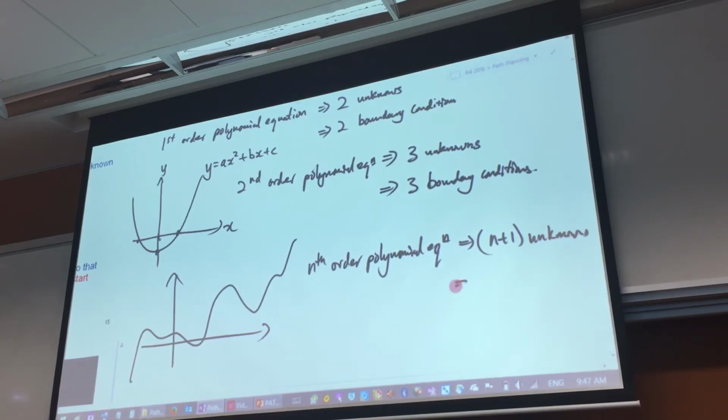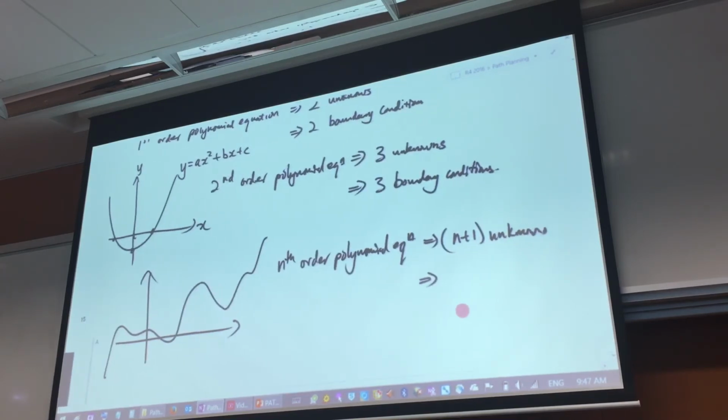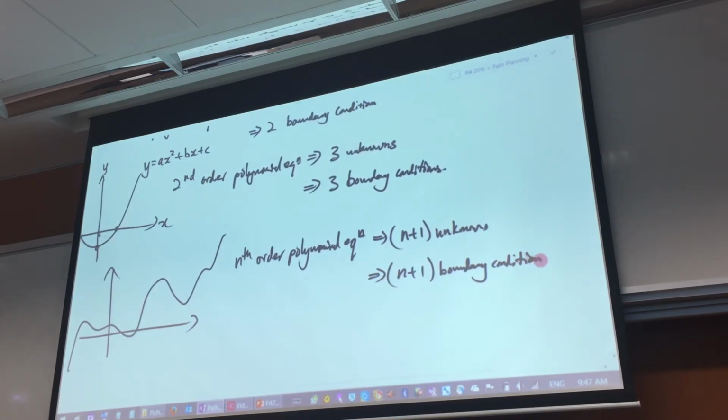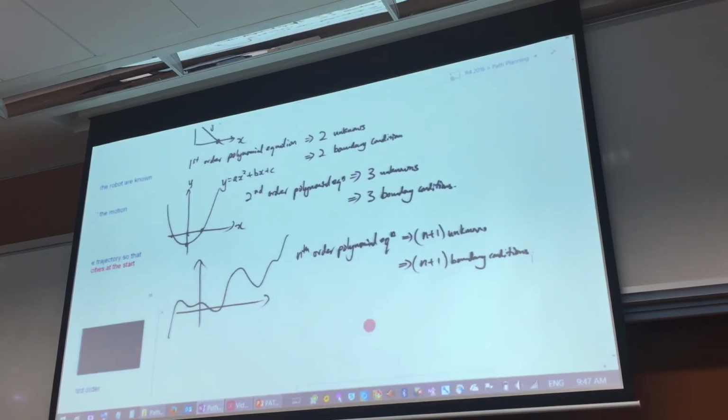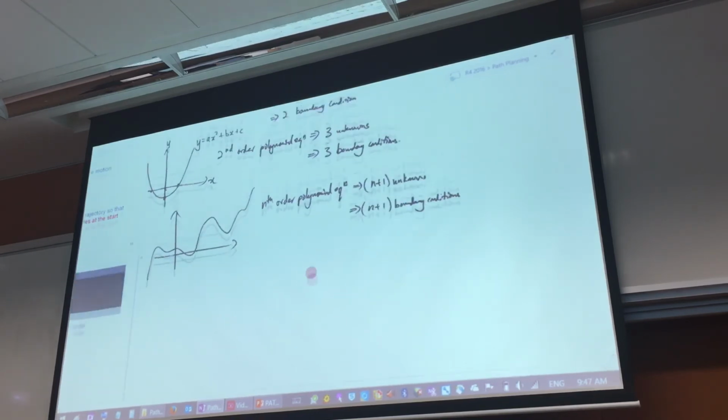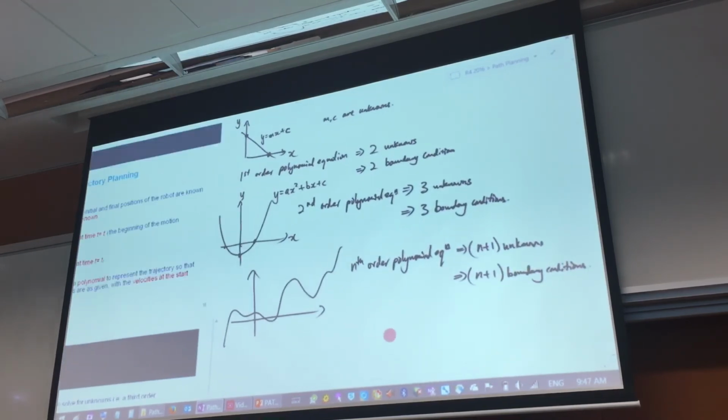And hence, how many boundary conditions do you think we'll need in order to solve this nth order polynomial equation? That will be n plus 1 as well. This provides the stage of where we're going to go to, where we talk about the nth order polynomial requiring n plus 1 boundary conditions.